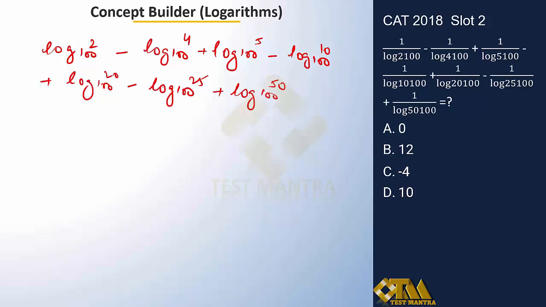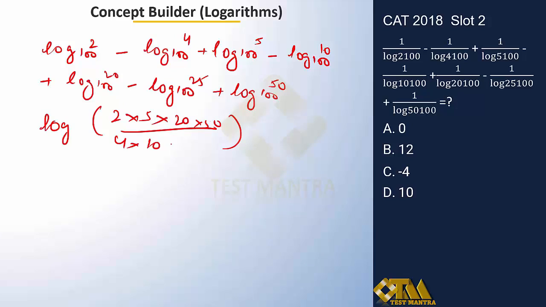So positives are nothing but the multiplication, negatives are nothing but the division. So I can say log, what are the values here? It's 2 into 5 into 20 into 50, and the negatives 4, 10, 25 to the base 100.